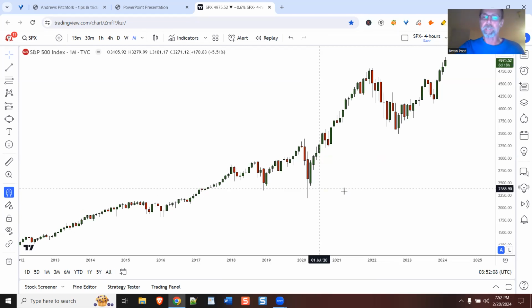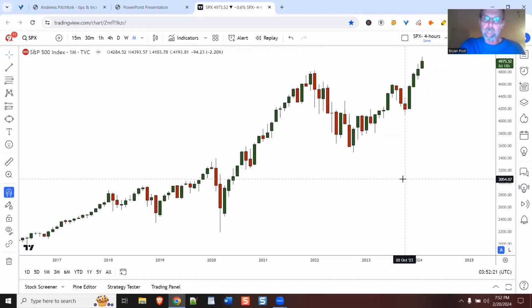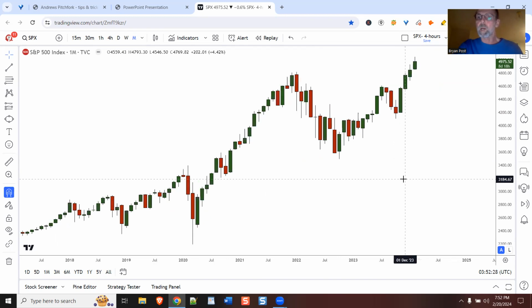That's another indication of elevated energy. And then another indication of elevated action is when price closes at or very close to the high or the low of the bar.